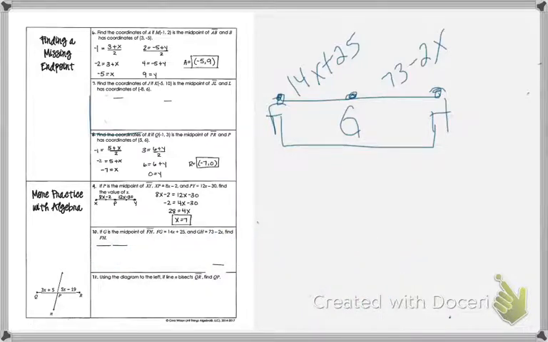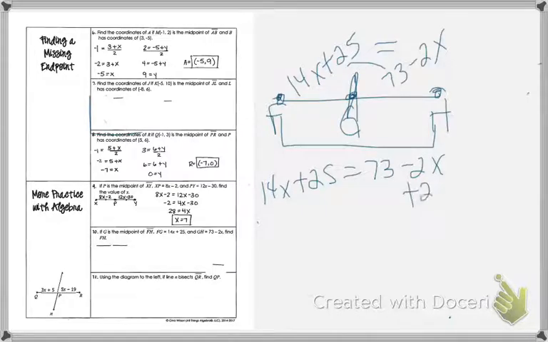So let's go. If this is the midpoint, that means that these two are equal to each other. So 14x plus 25 equals 73 minus 2x. I already told you I prefer my variables on the left, so I'm going to move this 2x. So this is 16x plus 25 equals 73.